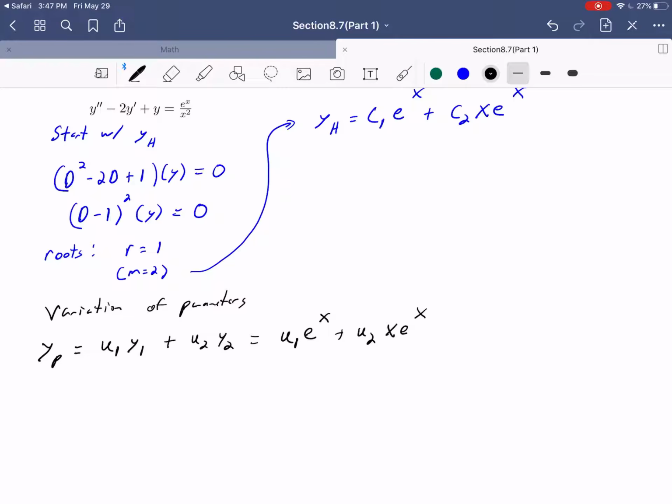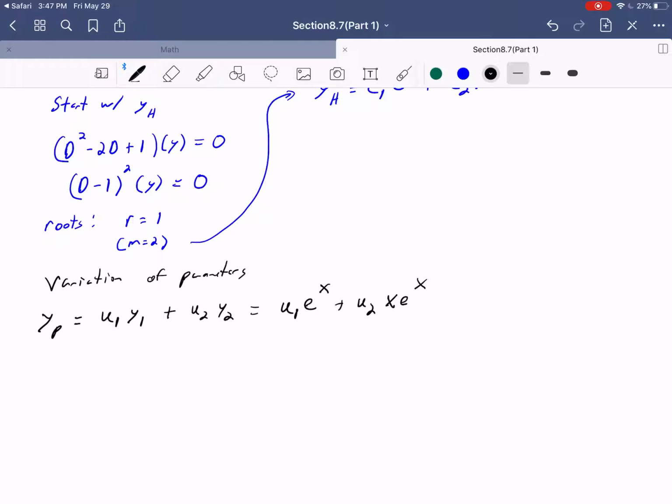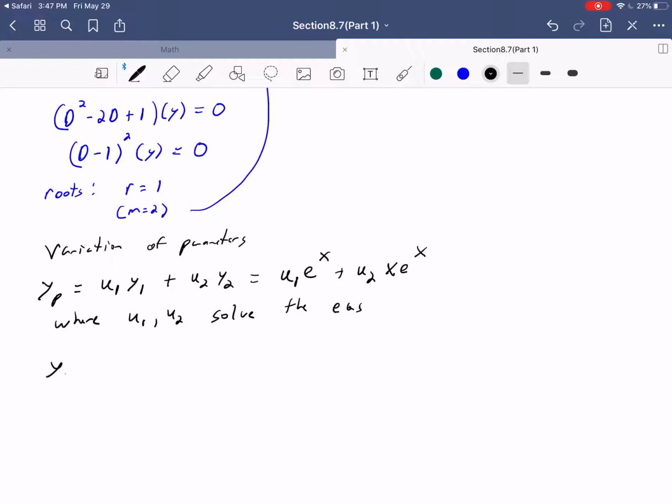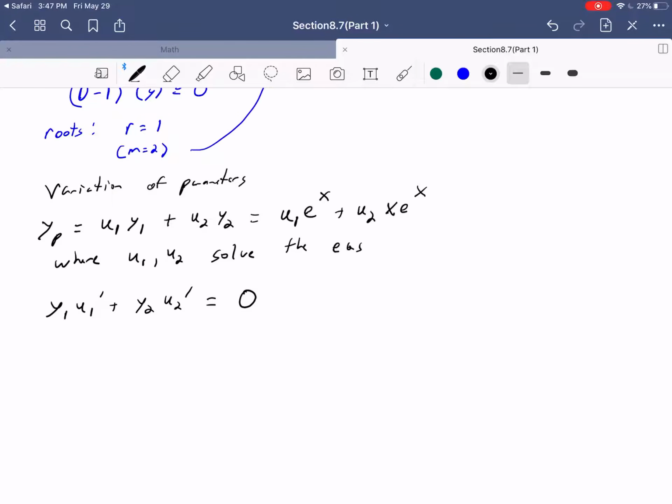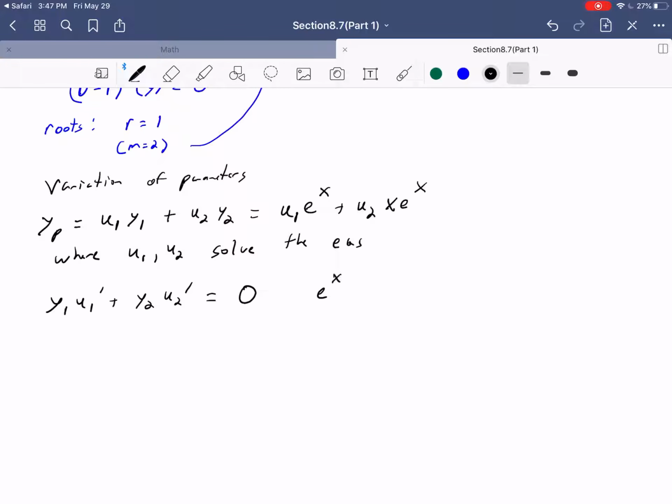What do we know about these u1 and u2? Where u1, u2 solve the equations y1 u1 prime plus y2 u2 prime equals 0, which in this case is going to be e to the x u1 prime plus x e to the x u2 prime equals 0.